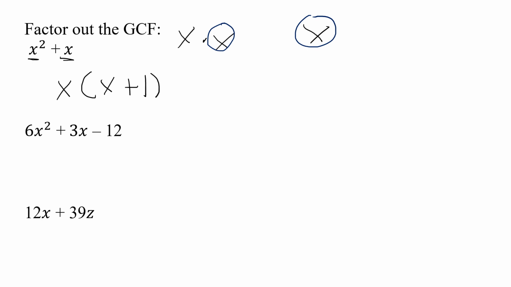All right, let's take a look at this next one and write out our three terms. So we have 6x squared, so 6 and x squared. We have 3x, 3 and x, and we have negative 12. Our factors of 6 include 1 and 6 and 2 and 3. 1 times 6 is 6, 2 times 3 is 6.